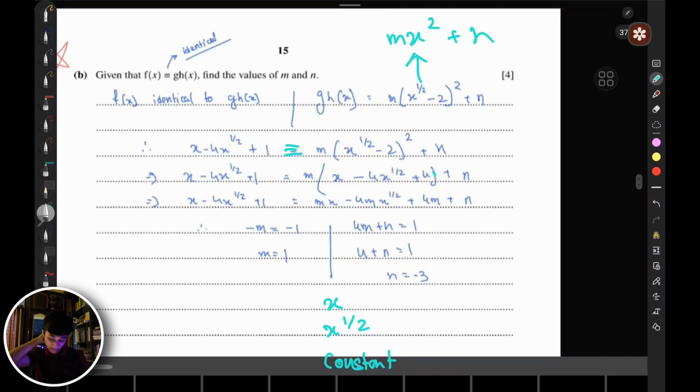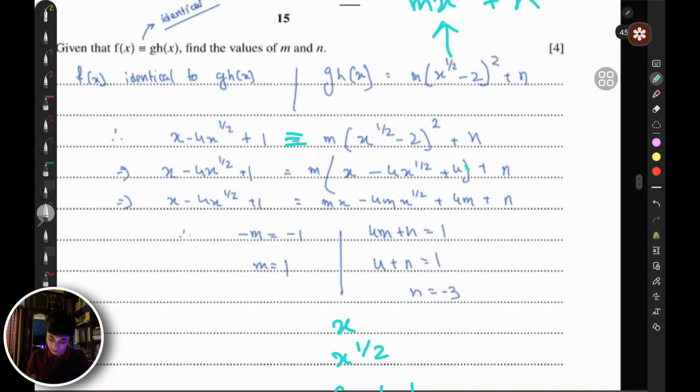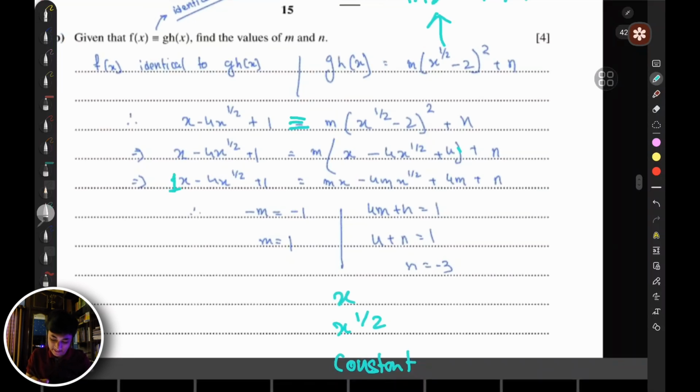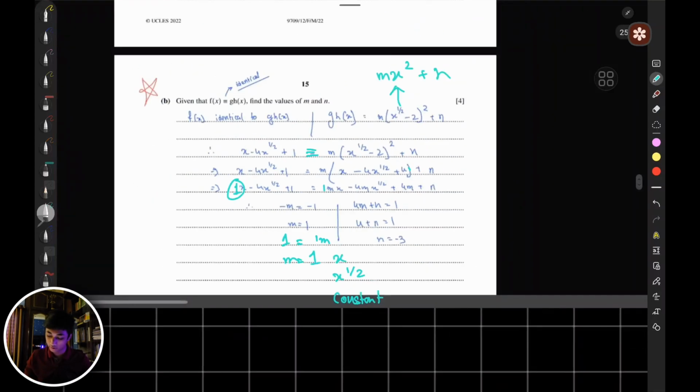Okay, so for x, the coefficient of x is 1. The coefficient for x over here is m. So on this side you have m, on this side you have 1. So your m value is 1.